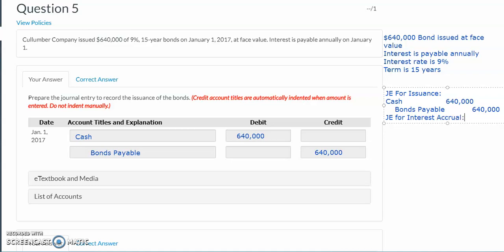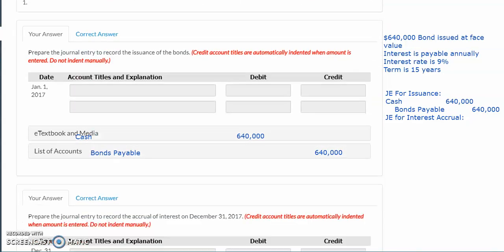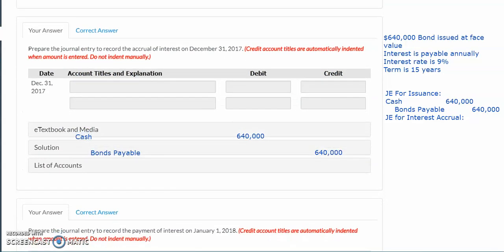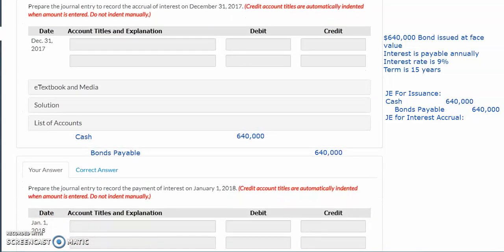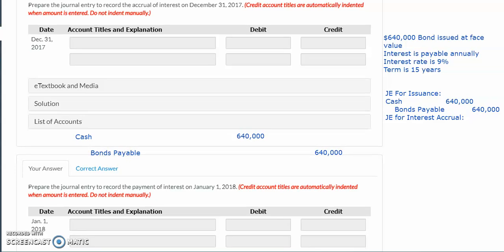So the interest needs to be accrued at the end of each year, so that way we can make sure that we're properly reporting our interest expense on the income statement and our interest payable on the balance sheet. So we're going to record a journal entry for the accrual of interest and also for the payment of interest.